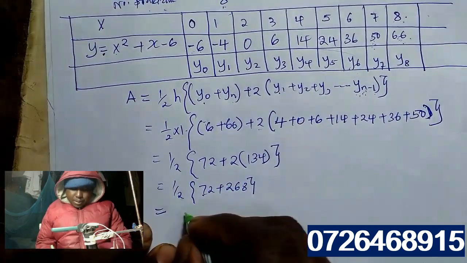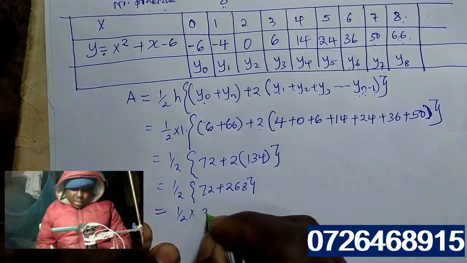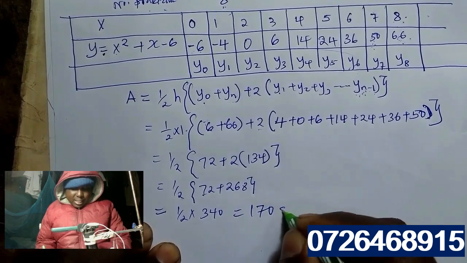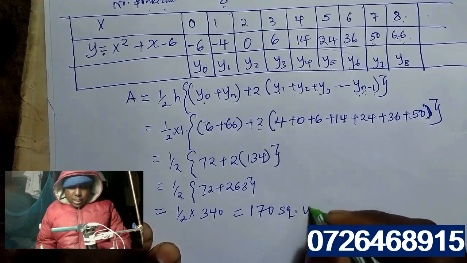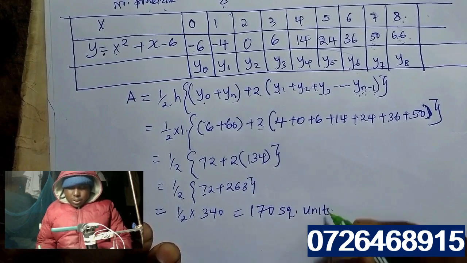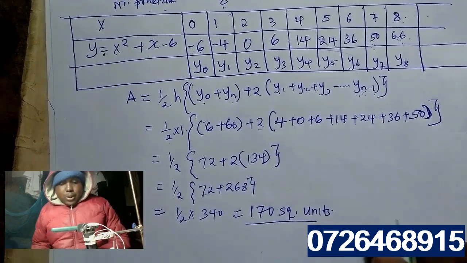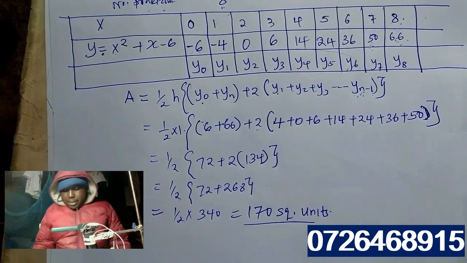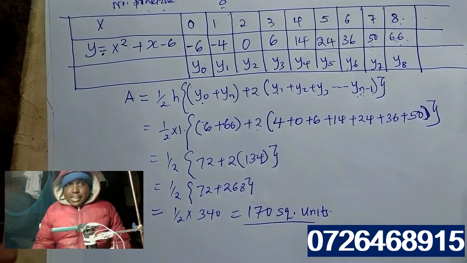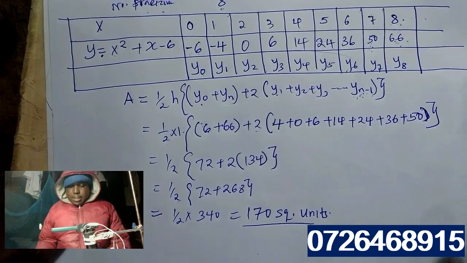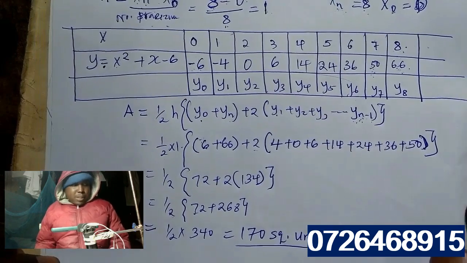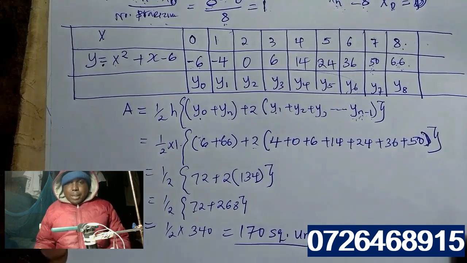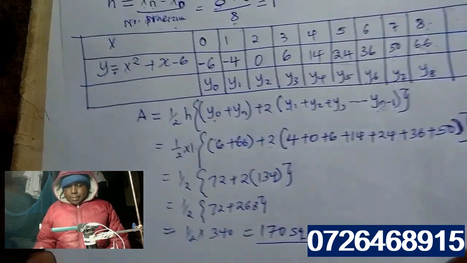And this one will be a half times 340. And this one will give us 170 square units. 170 square units, and that is the area. We have approximated the area using the trapezium rule. I want to do one example on the trapezium rule, and then we do another example for the mid-ordinate.